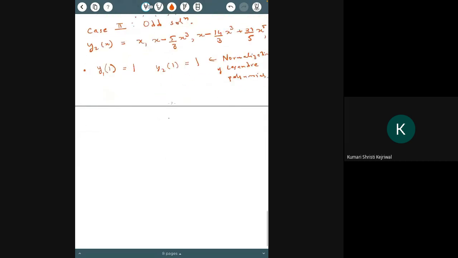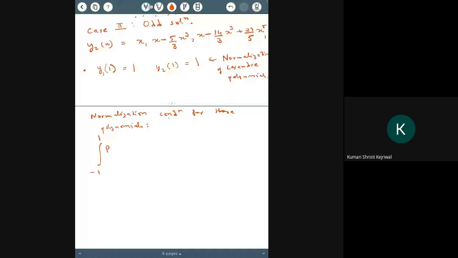which means that in general the normalization condition for these polynomials looks a bit different from what we know. It is an integration from -1 to 1 of, let me call these the normalized ones.